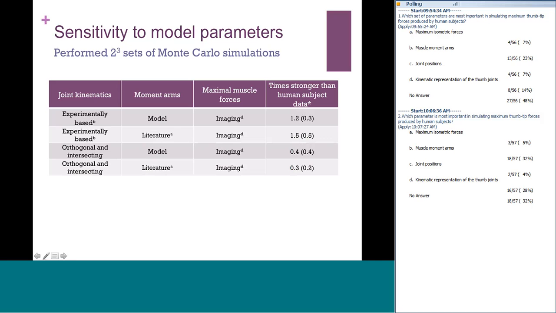Okay. When we do those same sets of simulations, we swap out moment arms, but then we do that with the simpler kinematic representation that the Valero-Cuevas 2003 study started with. You see we get a drastic decrease in the ability of the model to replicate the endpoint forces, and it's much, much weaker.